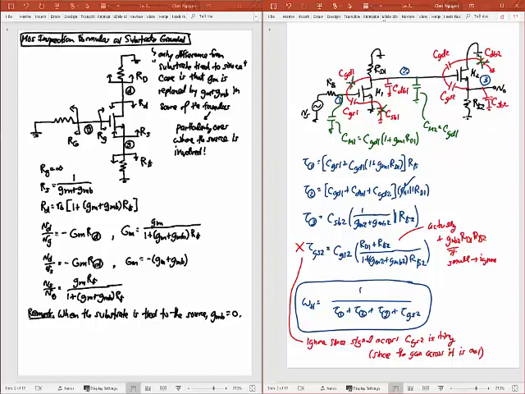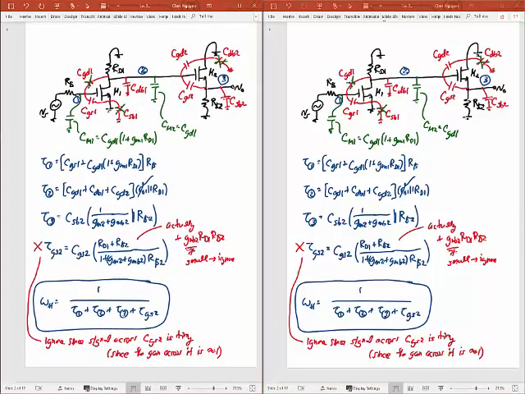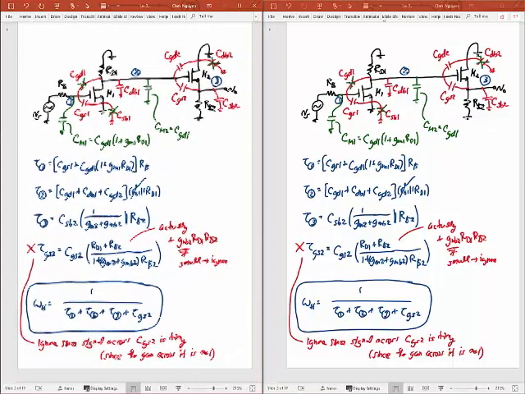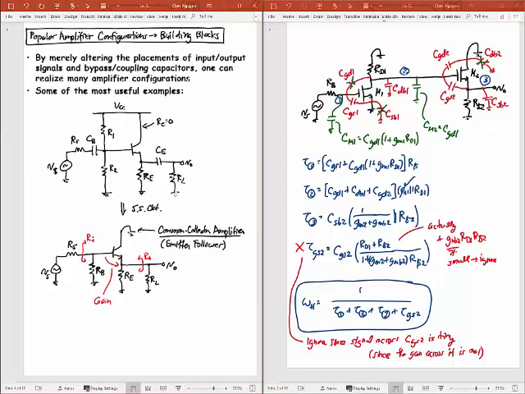Okay, so let's move on to what I call purposeful design. And so to do purposeful design, what you want to do is know the popular amplifier configurations. And so we talked about the common emitter amplifier, but it turns out that that common emitter amplifier is a building block for larger amplifiers.